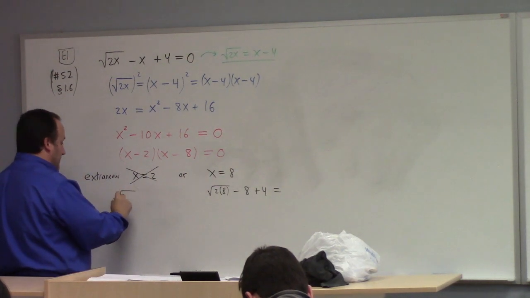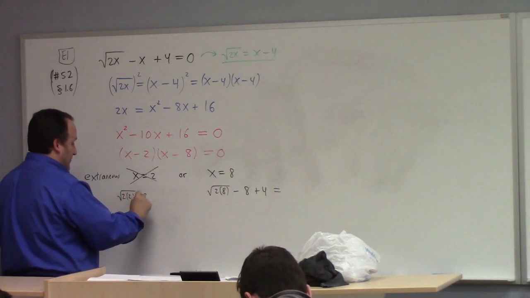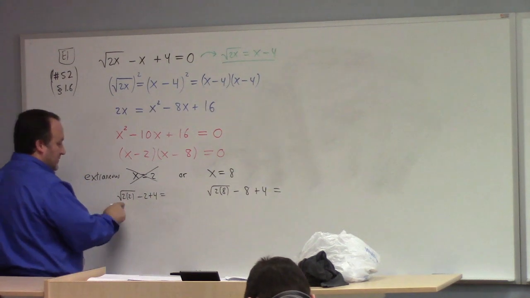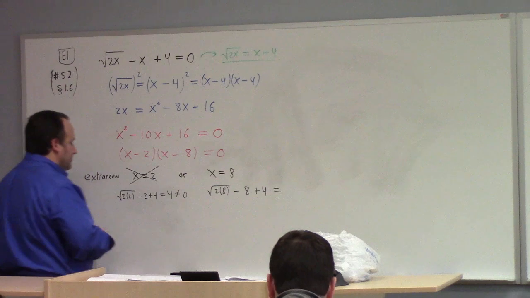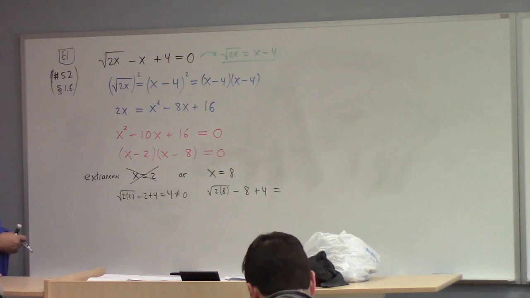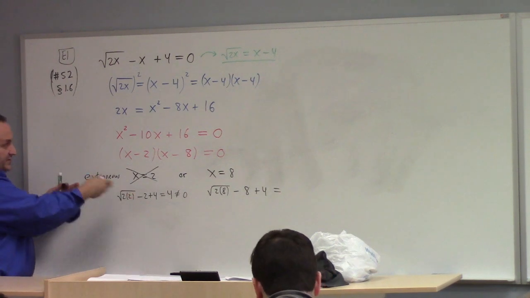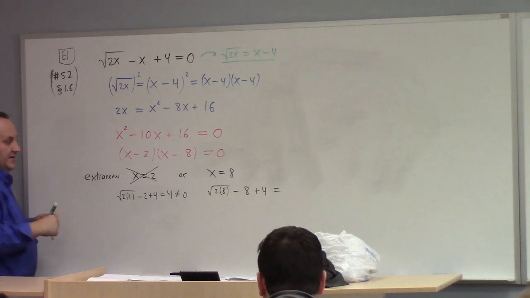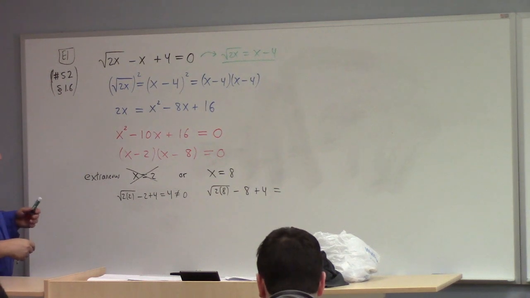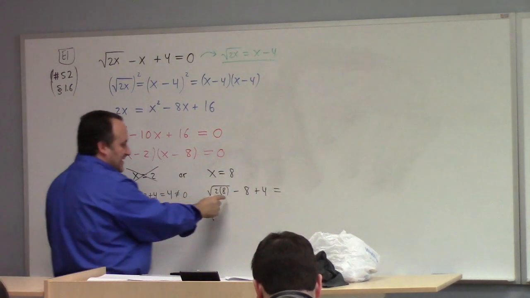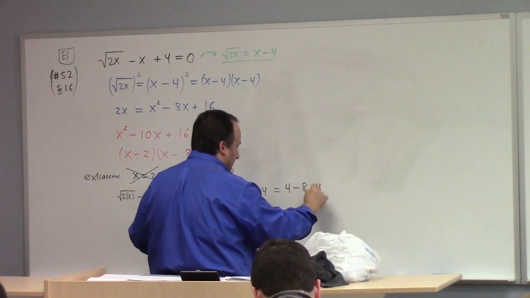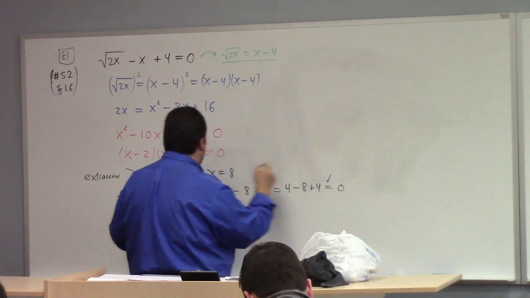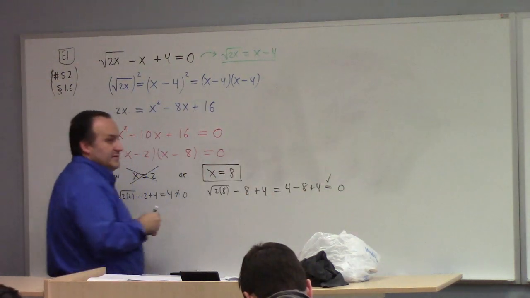Square root of 2 times 2 minus 2 plus 4, which would have been equal to square root of 4. So anyway, extraneous for the 2: it doesn't work if we plug it back into the original equation. The 8, we get what? Square root of 16, which is 4. So we get 4 minus 8 plus 4, also known as 0. So hooray, that is an honest-to-goodness solution.